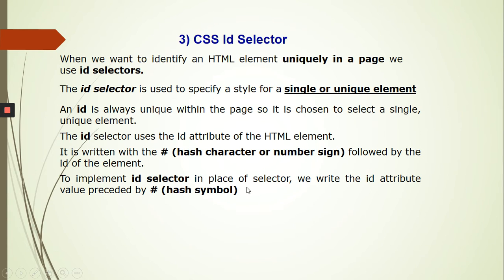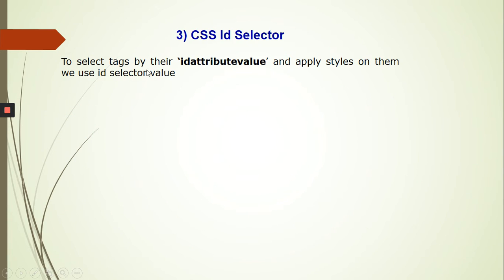Here, in place of the selector, we write the ID attribute preceded by a hash sign. Dot indicates class selector, and number sign indicates ID selector. To select tags by their ID attribute value and apply styles on them, we use the ID selector.